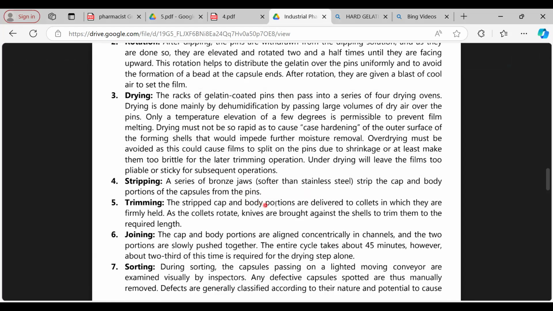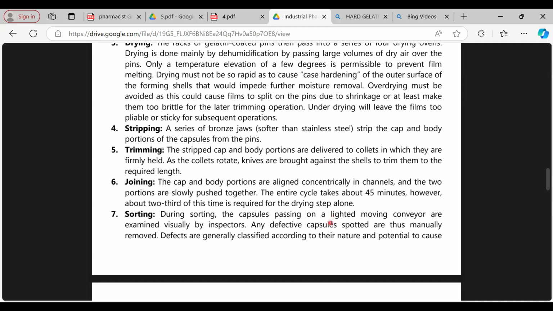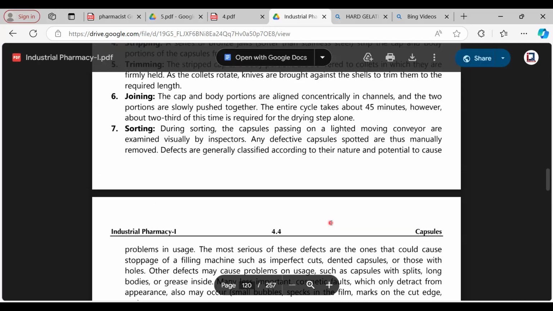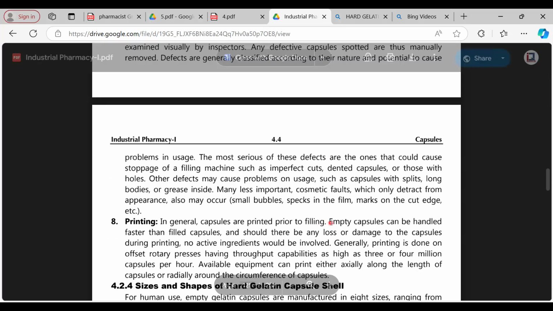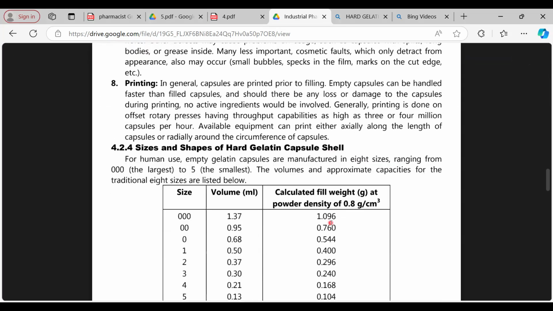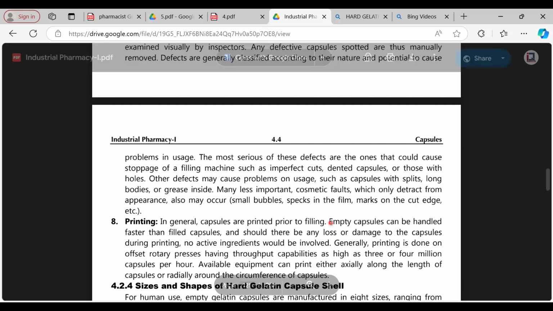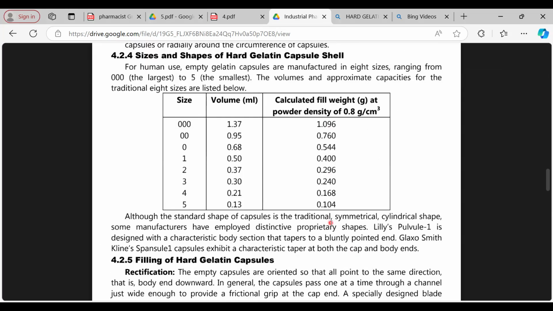In trimming, the stripped cap and body portions are delivered to cullets. Then joining, this is what happens. Then if you want, you can sort them, then you can print them and all. So this is how capsules are prepared.